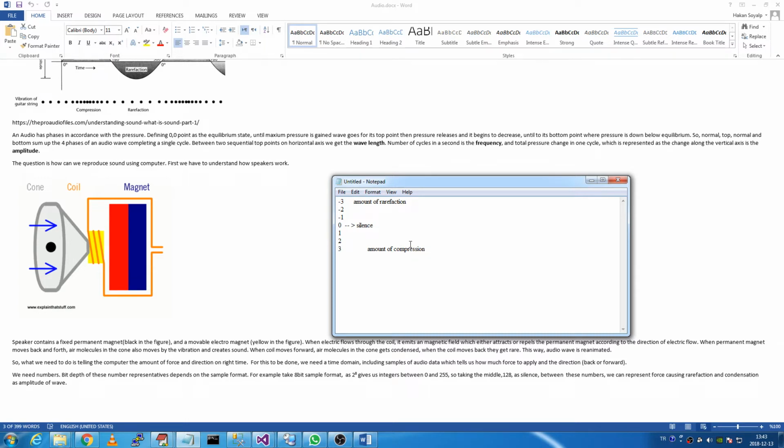So here you can see the 4 states of the audio wave.